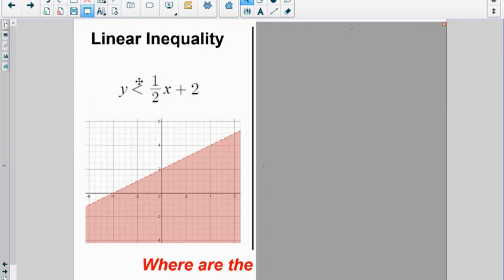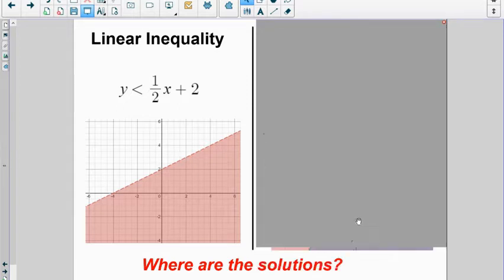So first I want to just review, when we graphed linear inequalities last week, like this, y is less than 1/2 x plus 2, we saw that we had a boundary line, and then one side of the boundary line was shaded, and the other side was not shaded. So where are the solutions?